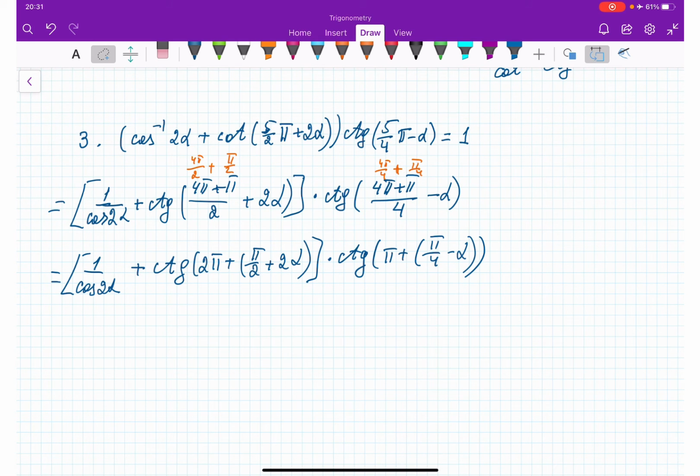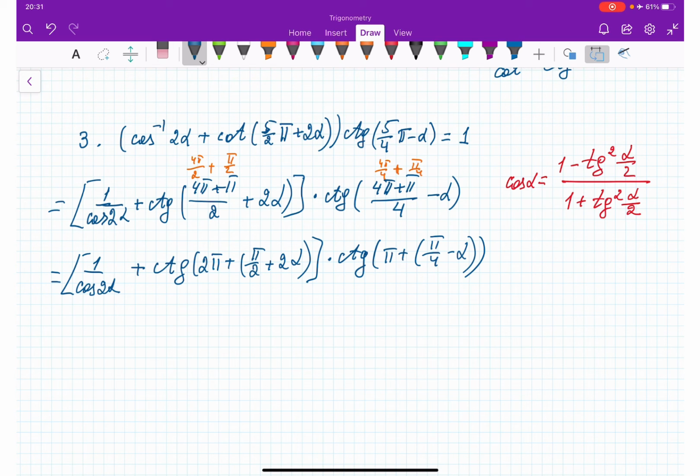This formula is, okay, cosine alpha is equal to (1 minus tangent squared alpha half) divided by (1 plus tangent squared alpha half). Okay? So what do we have?